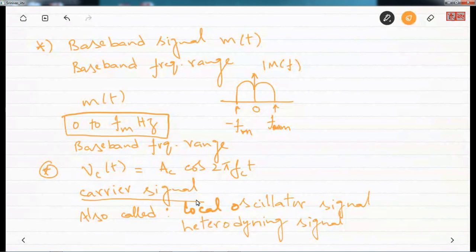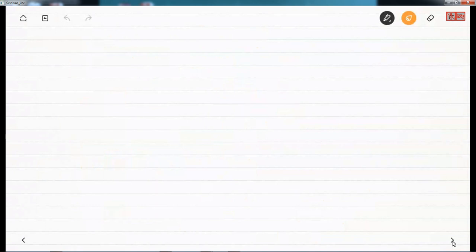We have to define what this multiplication is. For frequency translation, we were multiplying m of t with Ac cos 2 pi fc t. This multiplication is called mixing or heterodyning.